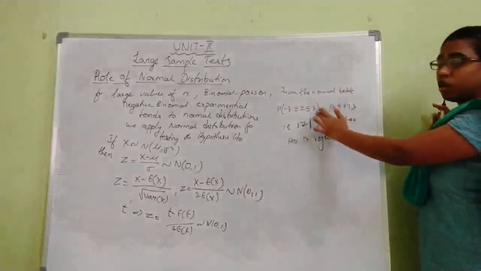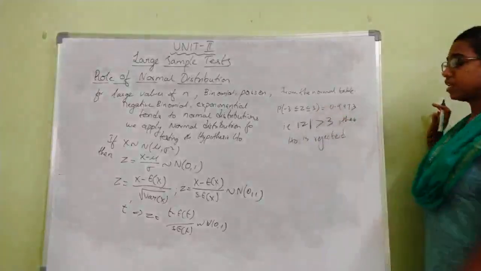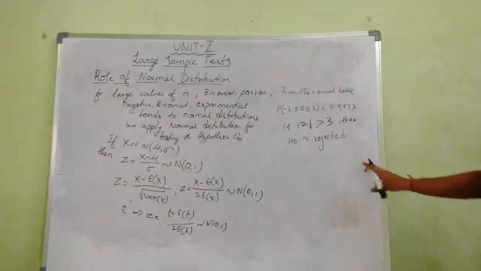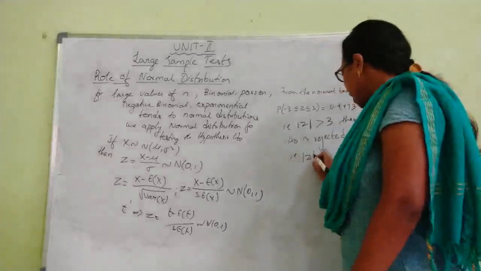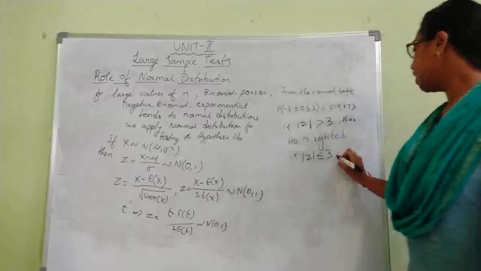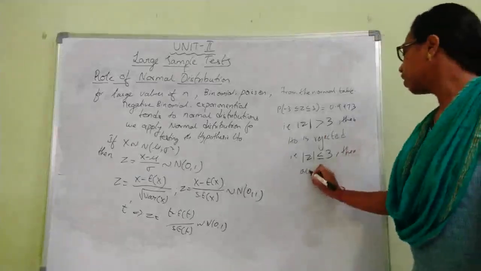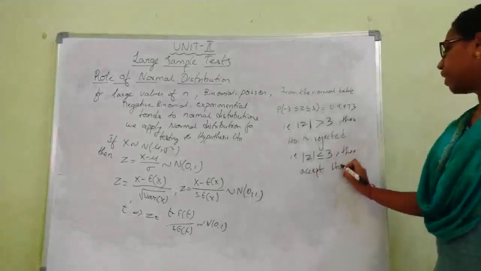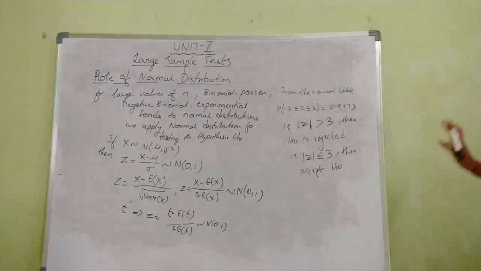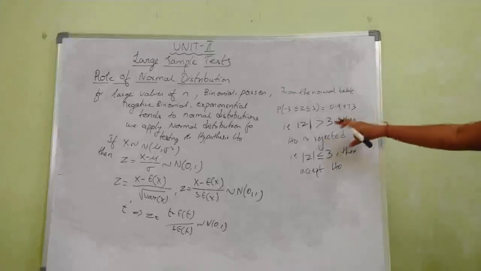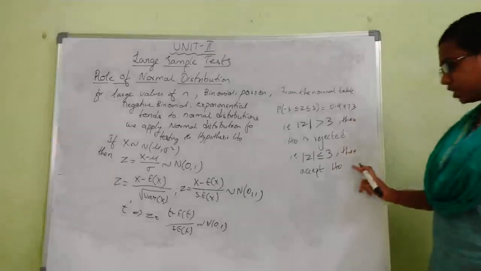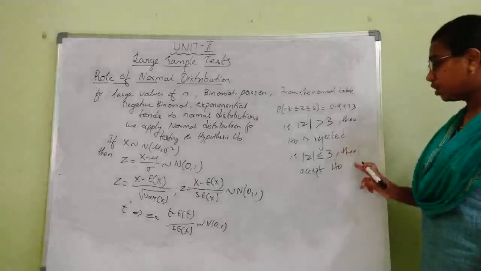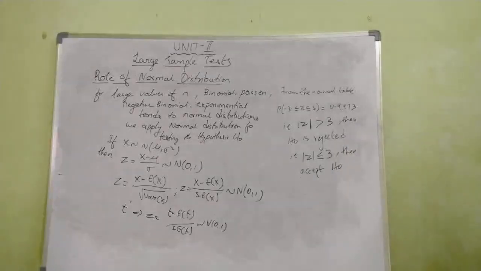If the values don't lie between 3 sigma limits, then whatever null hypothesis we took, that is H naught, is rejected. Otherwise, if mod Z value is less than or equals to 3, then we accept our null hypothesis, H naught. So this is the general normal distribution test using the areas property. That is, if mod Z value is greater than 3, then we reject our null hypothesis, and if mod Z value is less than or equals to 3, then we accept our null hypothesis.